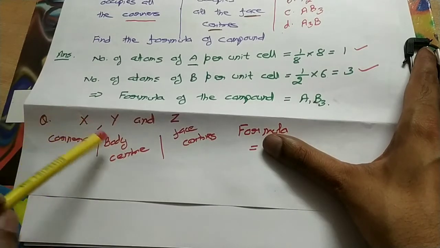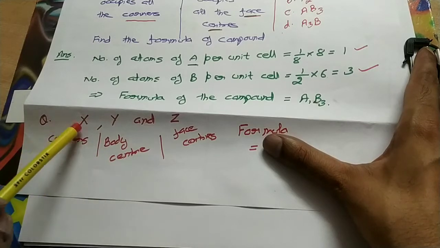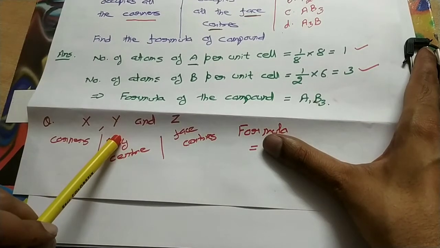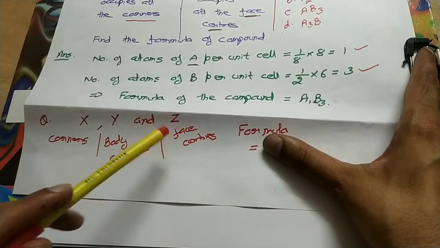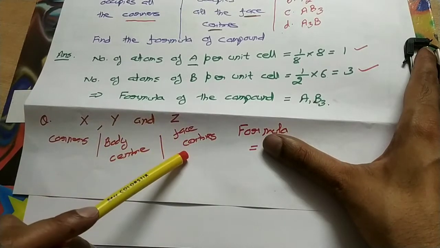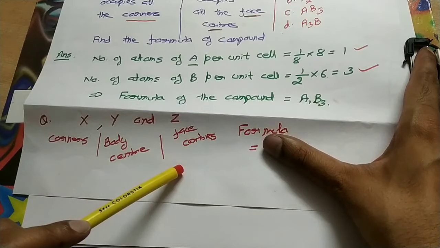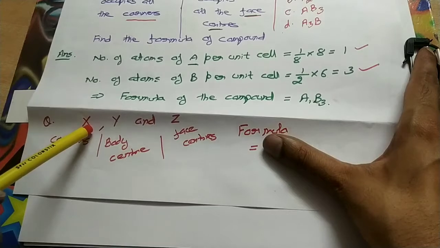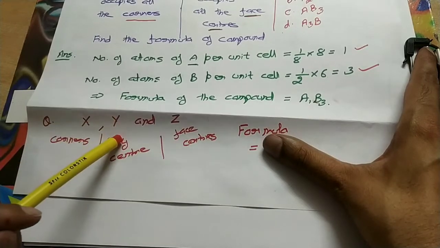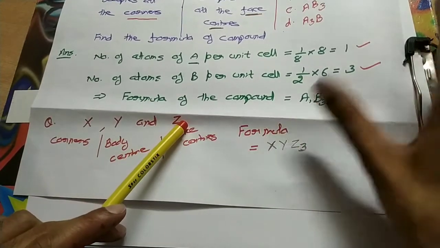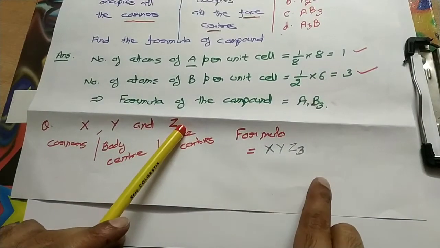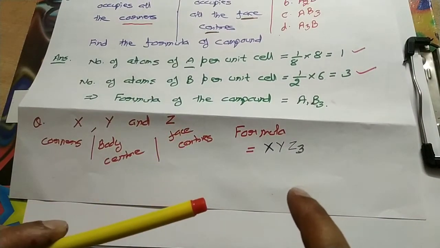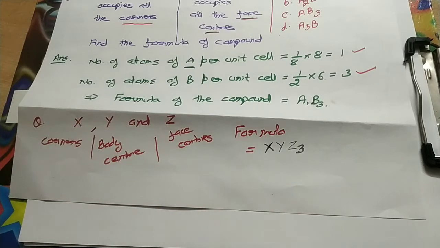Body center एक ही होता है, 1. So it's X1, Y1. And Z face centers पे है. Face center half into 6, 3. Z आ गया 3. So what is the formula of this compound? It's X1 Y1 Z3, XYZ3. Okay. So you can try different combinations.